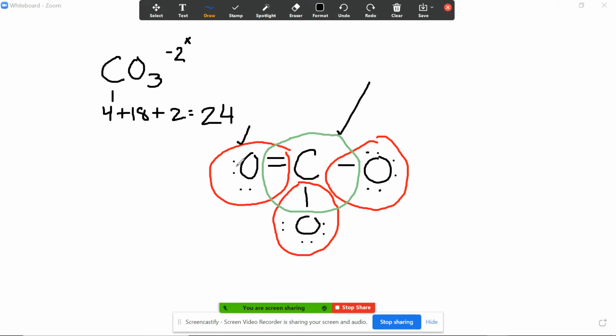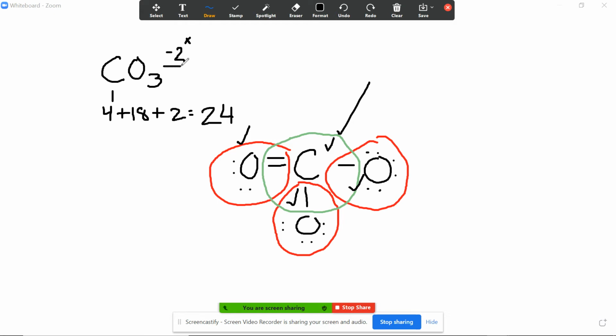Our oxygen is all set. This oxygen is all set. This oxygen is all set. And our carbon is all set. If you want to double check your work, you can count each individual atom because remember, they all want 8 electrons. They all have 8 electrons, and we have 24 total.